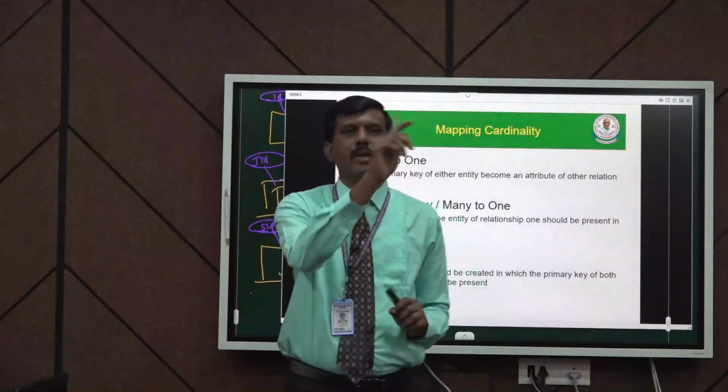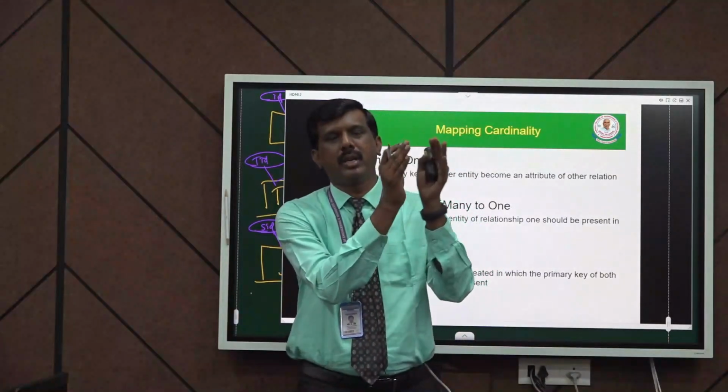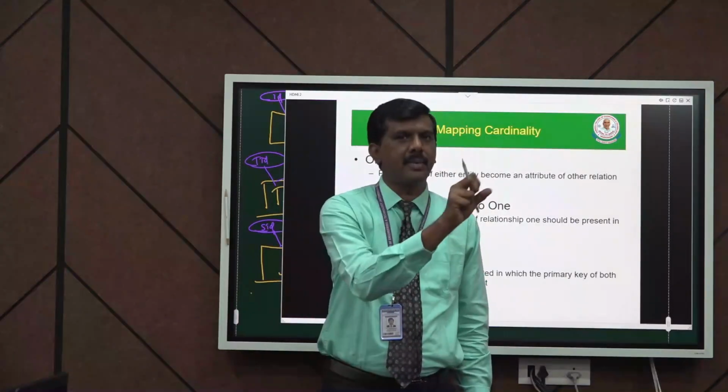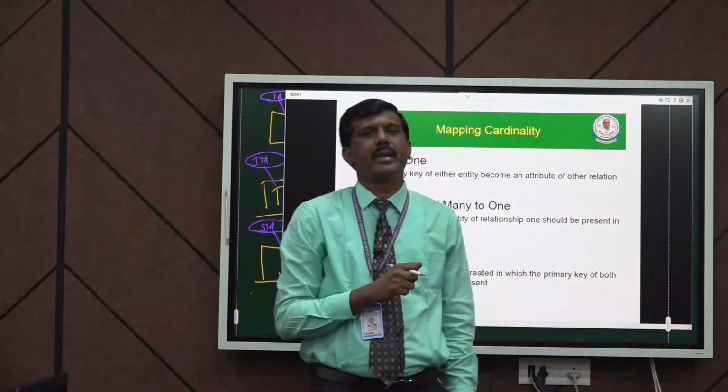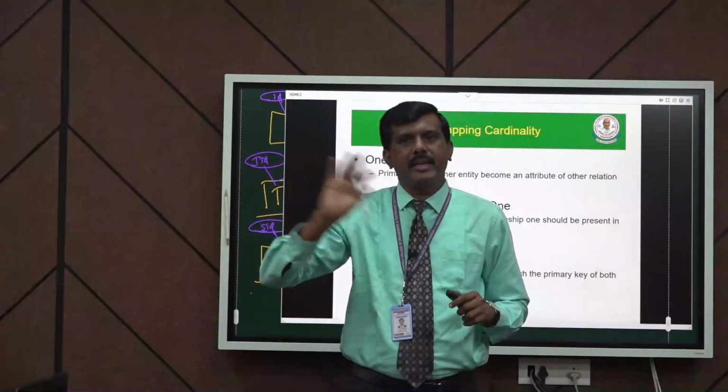For example, for 1 to n, the left side entity has relationship 1, which means you take the primary key or key attribute of that particular entity and that should be included in the other entity.